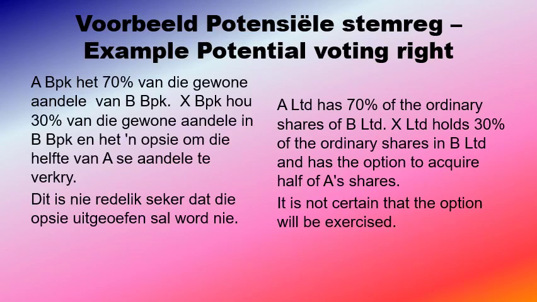So if X did exercise that option, they would have their 30% plus the 45% options, which means that then they control the business instead of A. However, at the end of the question, it says it's not certain that the option will be exercised. So assuming that then means that X probably does not have the practical ability to exercise the right, and therefore in that case A still has control over B.